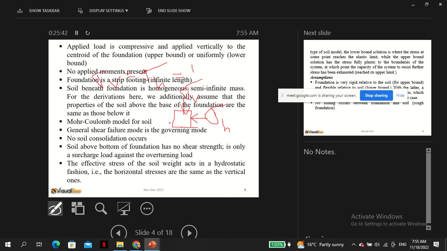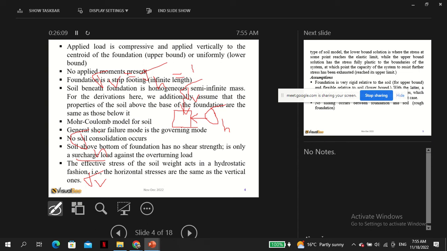Of course, it's not the real situation. In soil there is a ratio between sigma H and sigma V. We know how to handle it when there is the active case, the passive case and the at-rest case. But soil is something that is not only affected by that.